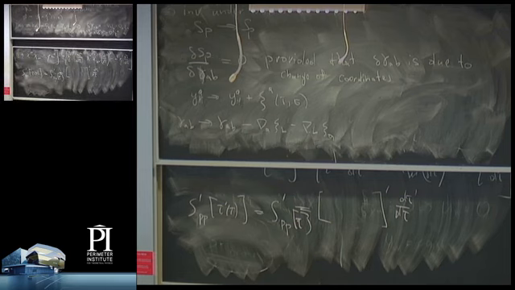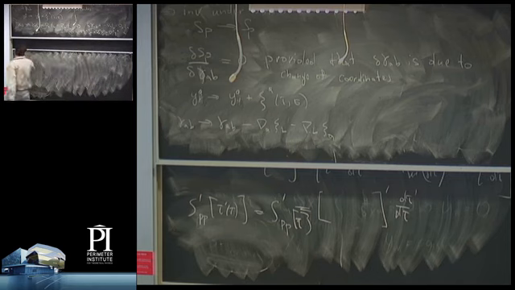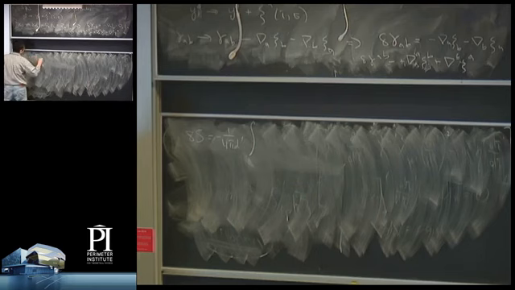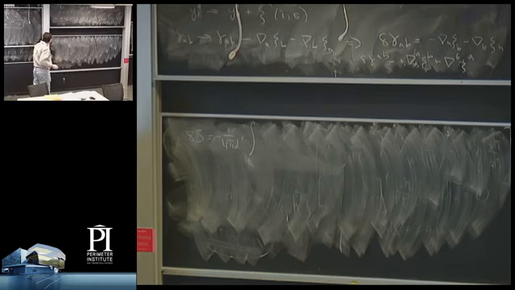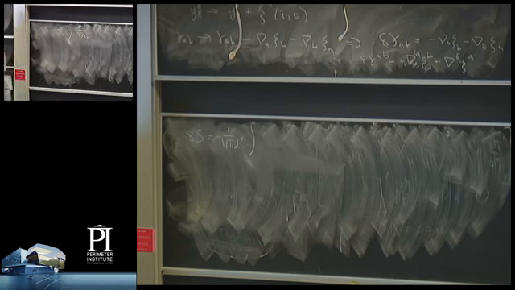So once we understood this, we can vary the Polyakov action. The variation of the Polyakov action, delta S, I can write down as minus 1 over 4 pi alpha prime, an integral. Here I will have delta S over delta gamma AB, the variation of the action with respect to the metric.